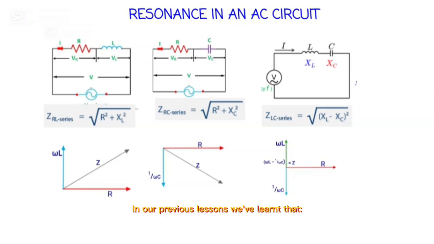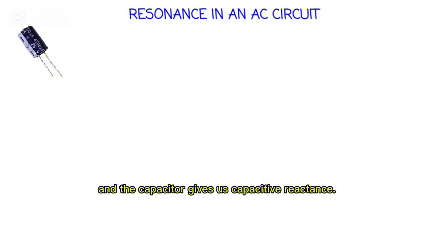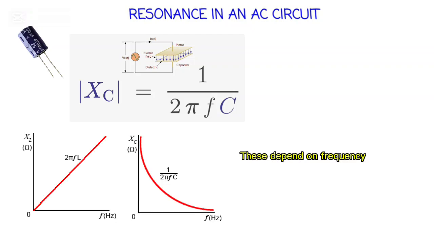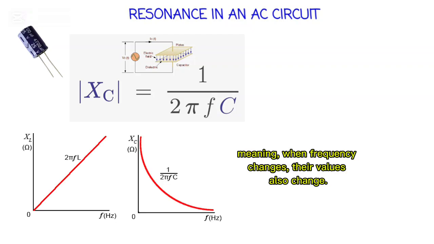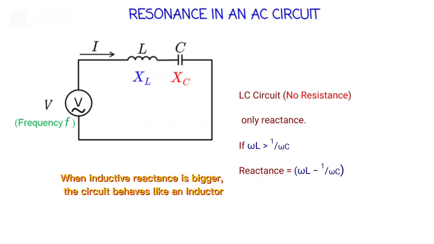In our previous lessons, we have learned that the inductor gives inductive reactance and the capacitor gives capacitive reactance. These depend on frequency, meaning when frequency changes, their values also change. If we look at the circuit with only an inductor and a capacitor, when inductive reactance is bigger, the circuit behaves like an inductor.